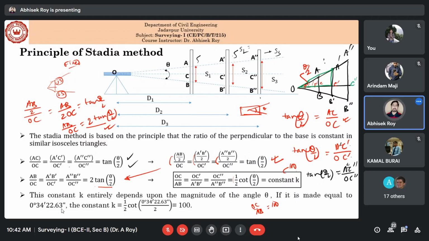Your k value may be 95.632, your k value may be 96.78, like this. If you are trying to make this angle but you are not able to make it, obviously some kind of error will be there. But if your angle is nearly this one, your k value will be nearly 100, and it will be easier to calculate the OC value, because you will only take the staff intercept, multiply by 100 and you will get the distance, right? Are you getting my point?